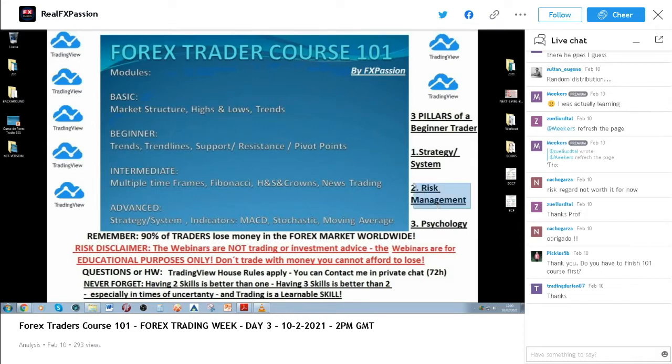Pillar number 2, everybody, we are trying to learn about risk management and how this risk management works inside our strategy and/or system. And the big one, we are trying to learn step by step how our psychology affects our risk management decisions and our strategy decisions, right?